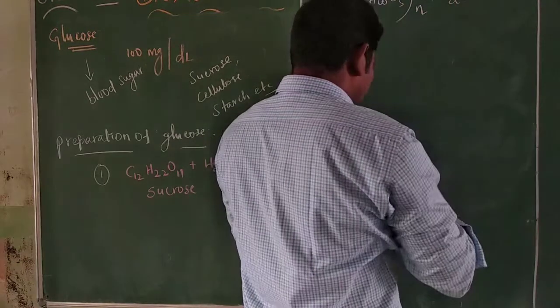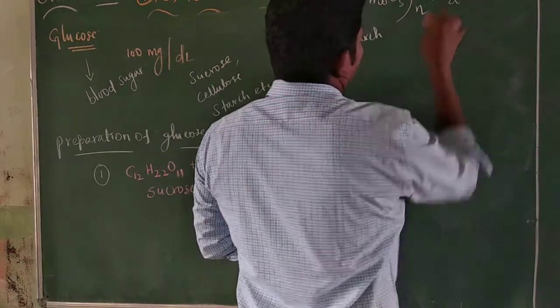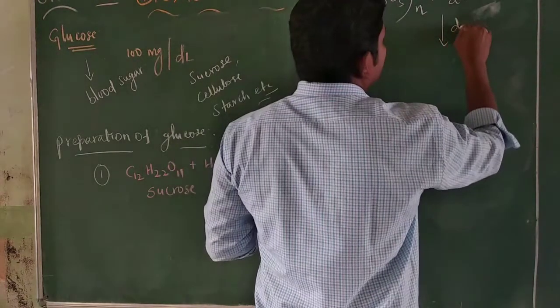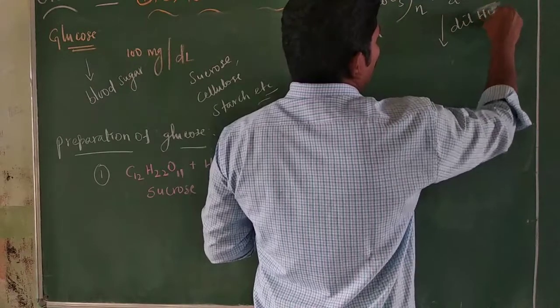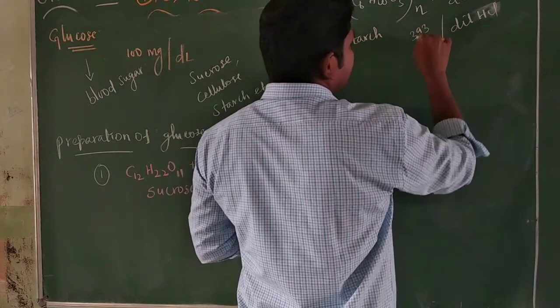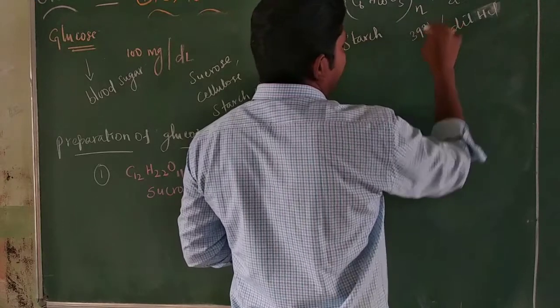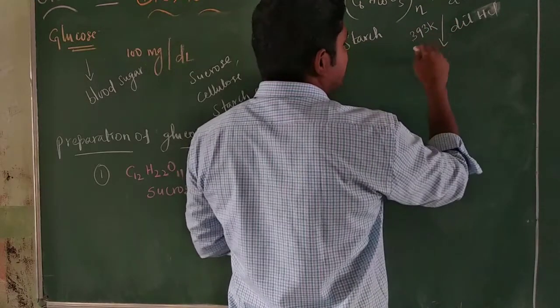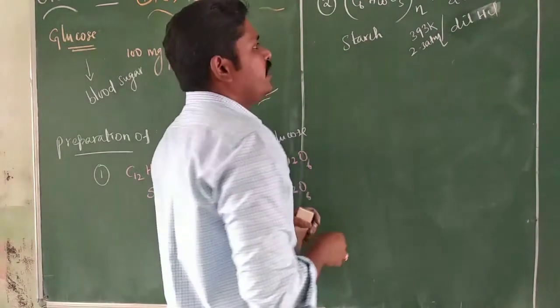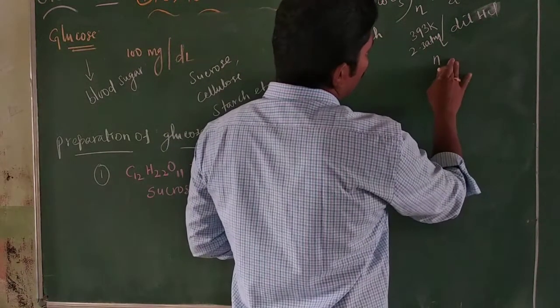The hydrolysis of starch: you write, in the presence of dilute hydrochloric acid at a high temperature, 393 Kelvin, and high pressure, 2 to 3 atm, gives n glucose.